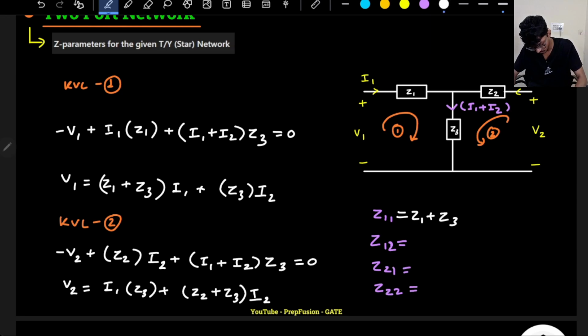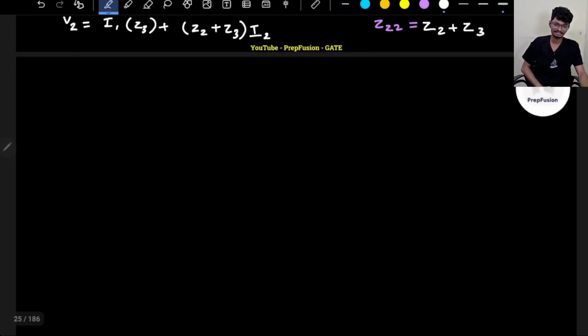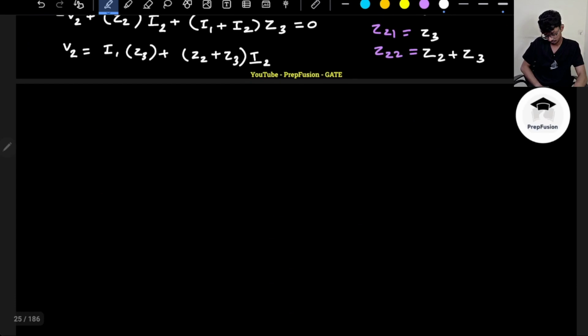This value will be Z3, and you observe that your Z12 is equal to Z21, that means it is a reciprocal network. I will discuss the reciprocal network in the Y parameters. Z22 is equal to Z2 plus Z3. So that is the case here.